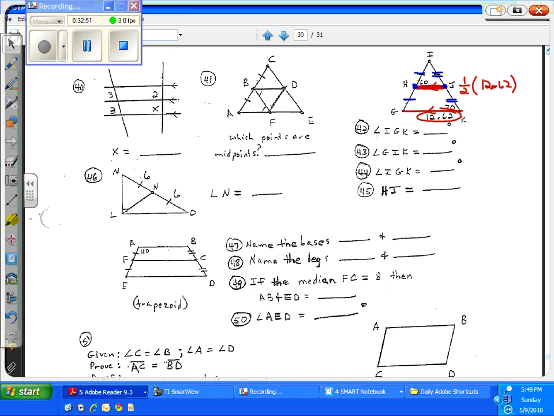If a segment joins the midpoint of two sides, then that segment must be parallel to the third side, and its length must be 1/2 the length of the third side.